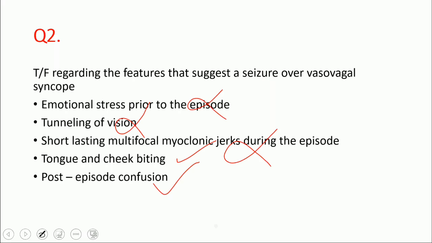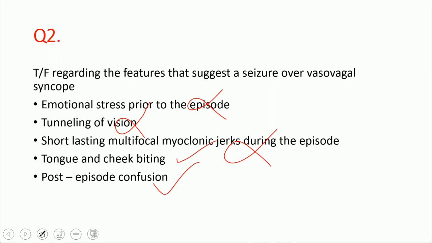And the actual episode is really bizarre, with thrashing movements and pelvic thrusting. Unusual movements, and it goes on and on for a long time.